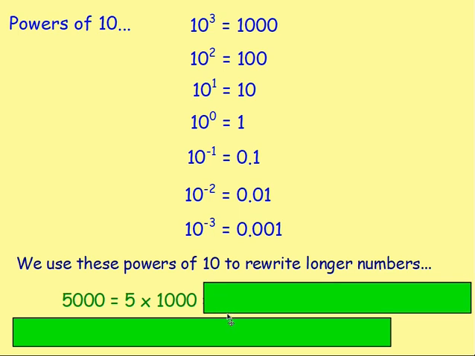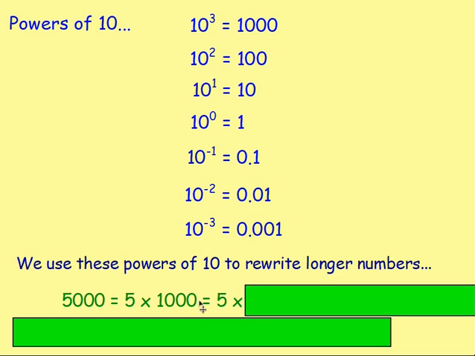But what you can do is rewrite that using powers of 10. So really, it's going to be 5 times. But how do you write 1,000 using a power of 10? Oh, 1,000 is 10 to the power of 3. So it's 5 times 10 to the power of 3.